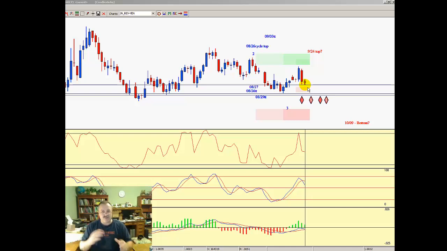This support level was calculated utilizing time price squares. Okay, a little GAN work being done on my chart here. I like to use time price squaring and so forth, so I got a couple levels here. I got this level and these levels right here. This is actually a range, and it hit that, so that's already a previous support level.